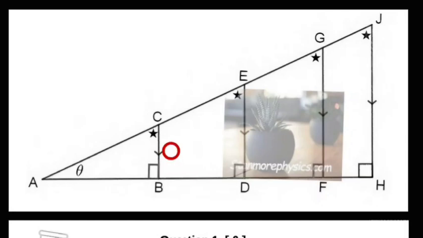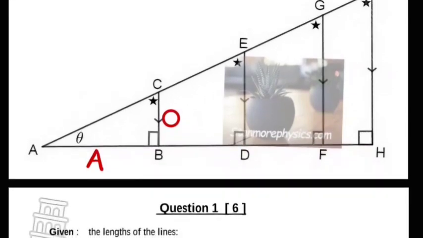The adjacent side was given as AB, and the hypotenuse was given as AC. Now that is correct. That makes perfect sense regarding this angle theta. Remember, the side opposite theta would be the opposite side, the side next to theta would be the adjacent side, and the side opposite the 90 degrees would be the hypotenuse.